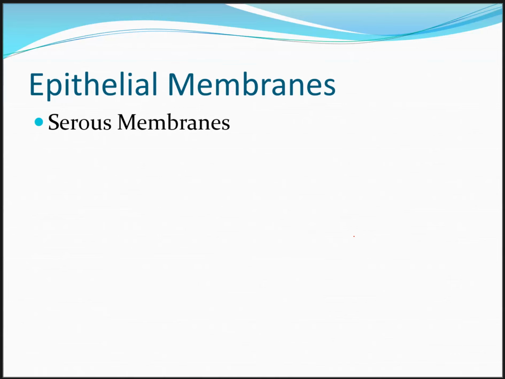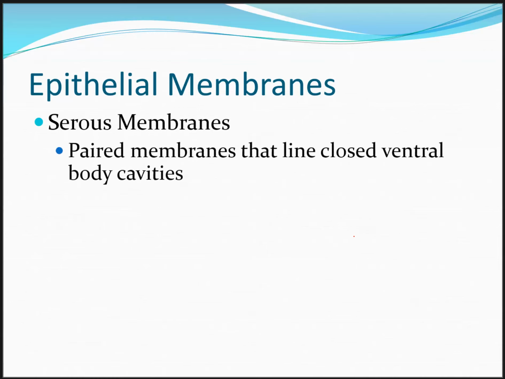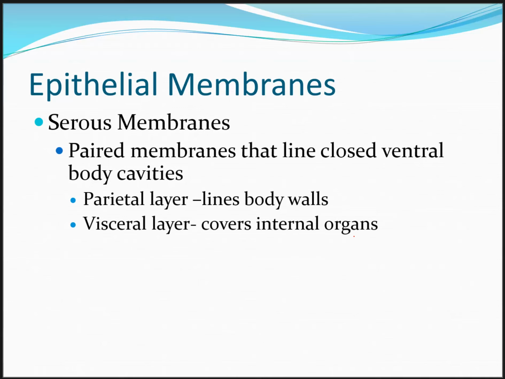In contrast to mucous membrane, which opens to the external environment, the serous membrane lines body cavities and is closed to the exterior environment. The serous membrane basically lines the parietal layers of the organs. The parietal layer is the external-most layer of the organ.